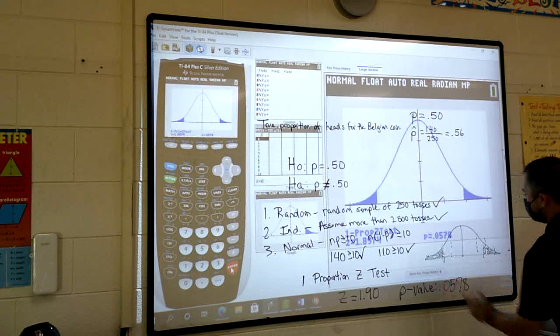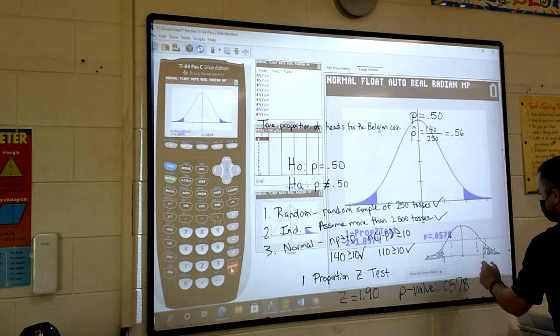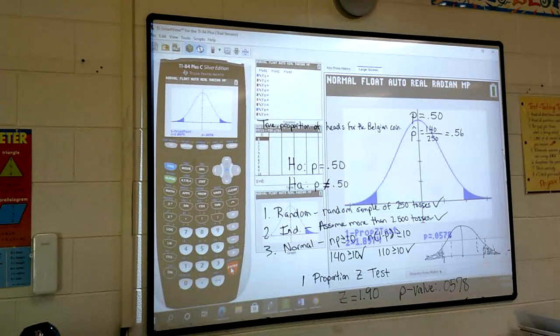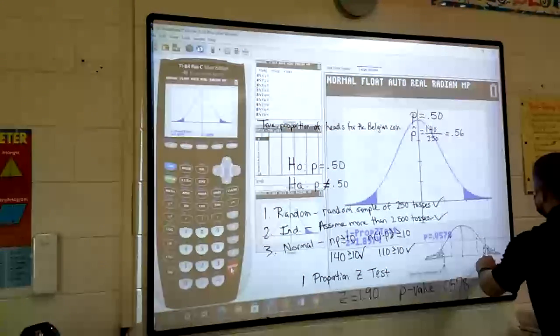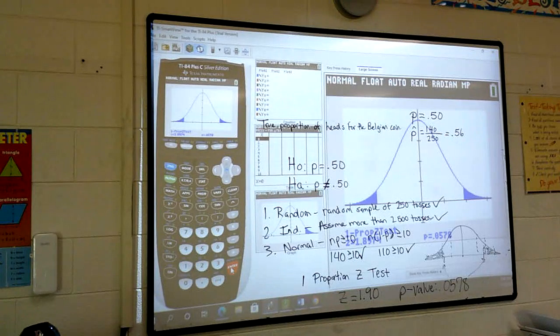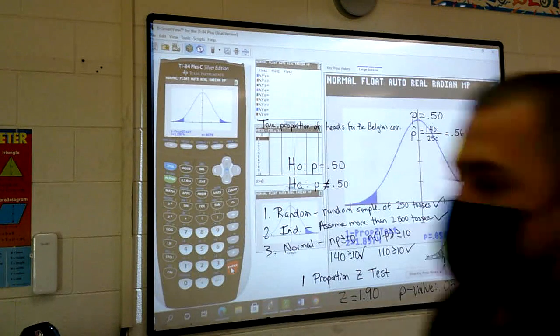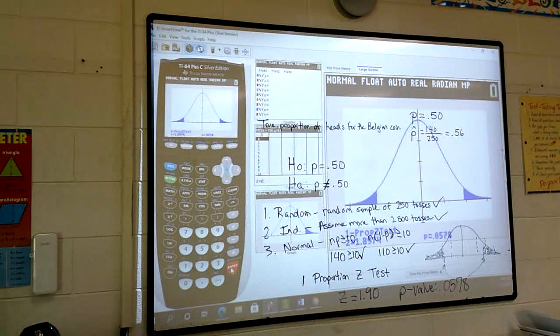And remember, that gives you your p-value of 0.0578. Those come from here and here. Okay, so that is your test statistic and obtaining your p-value. So we should be on the M and S part at this point.